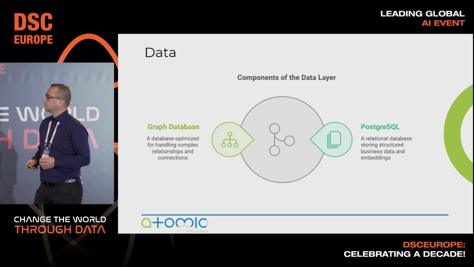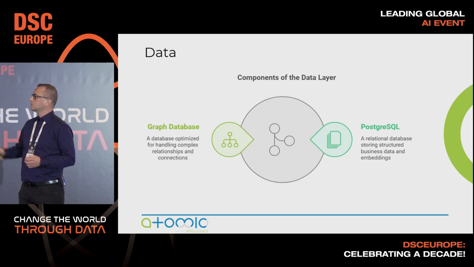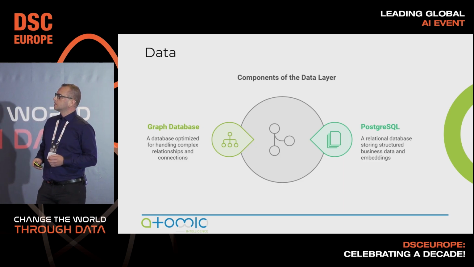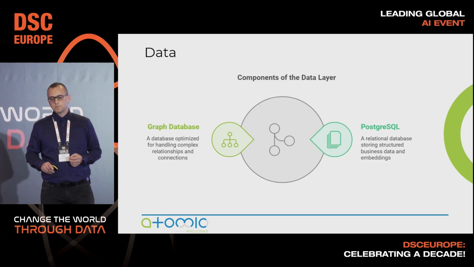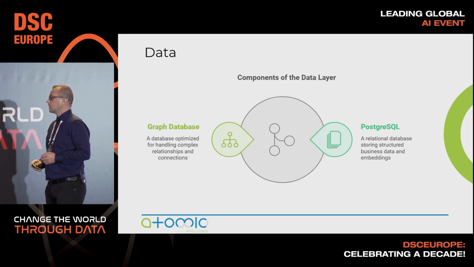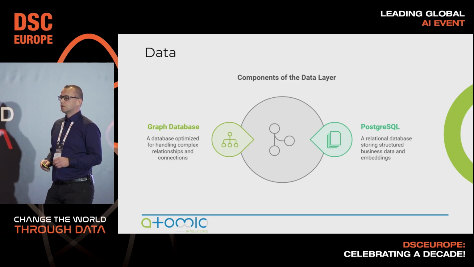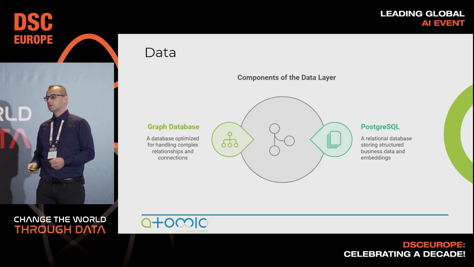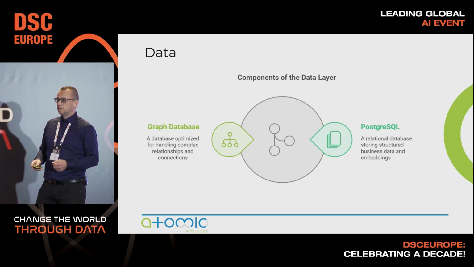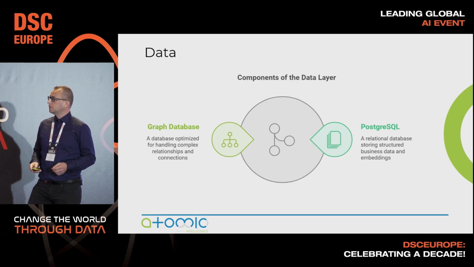So we keep the vector similarity in Postgres and use a graph database separately. We started with Neo4j, but we also found an alternative, which is PuppyGraph. PuppyGraph is capable of connecting directly to relational databases and extracting the DDL from the information schema and converting it into a graph.